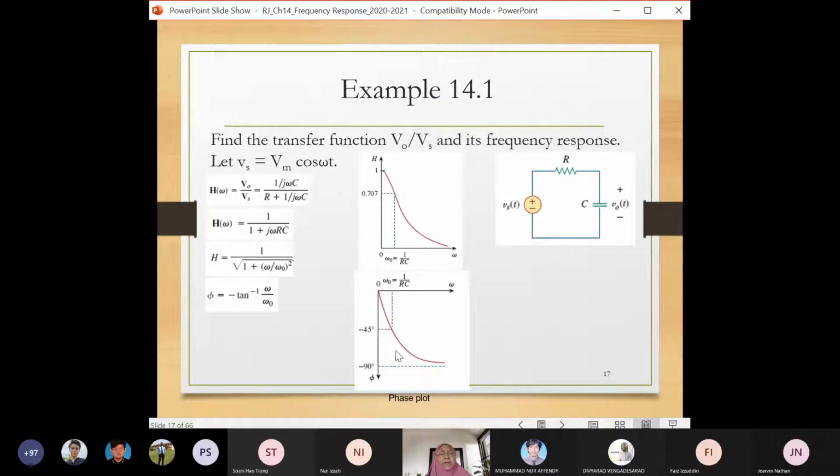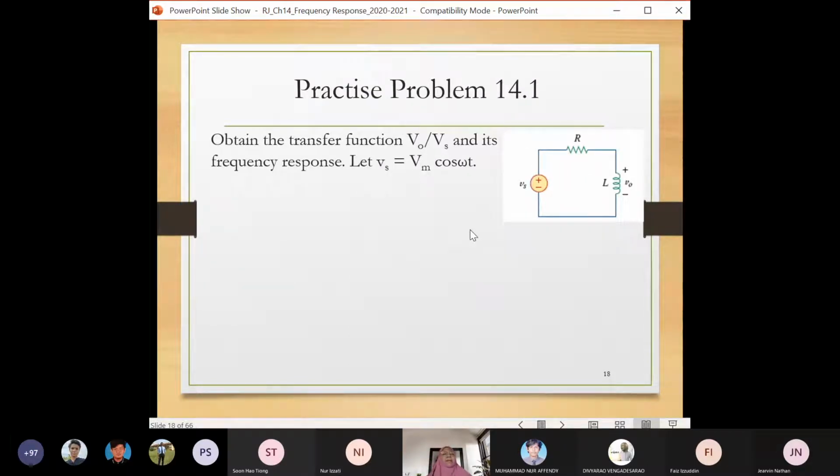For the phase response, at omega naught you will have negative 45 degrees, half of the maximum phase difference.